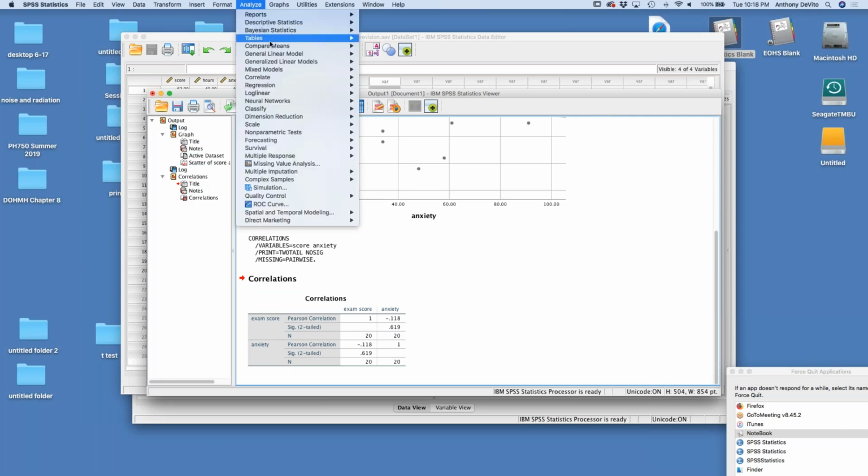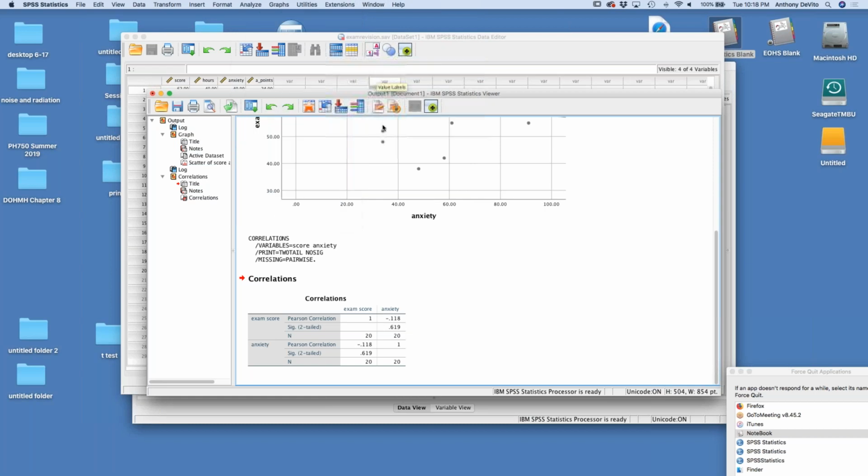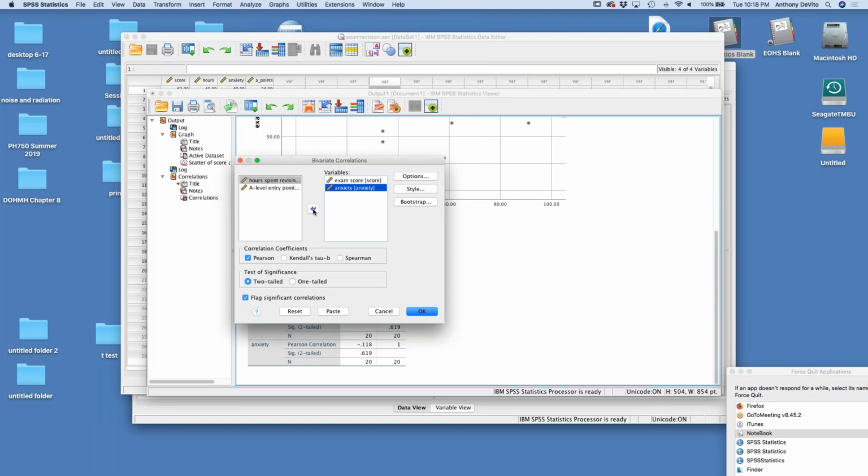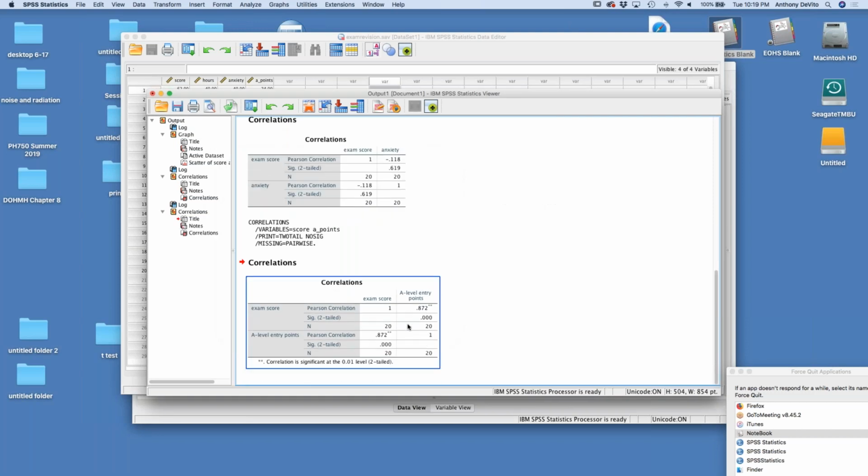Analyze, correlation, bivariate. Let's get rid of anxiety here and look at the entry level score, how much you knew going into the exam, and see if there's an association there. Okay, oh well, look, that's a very strong association also.